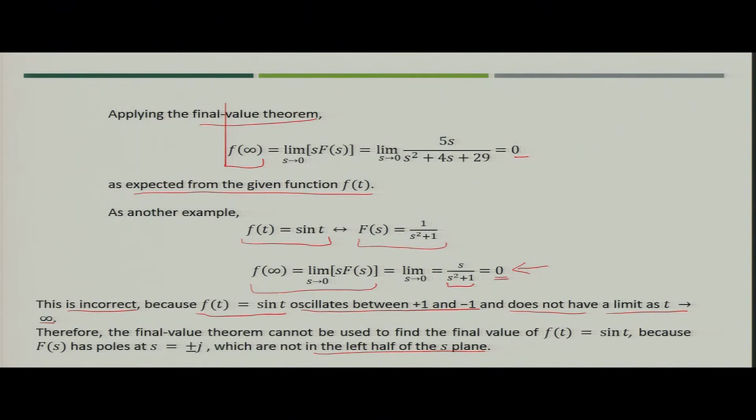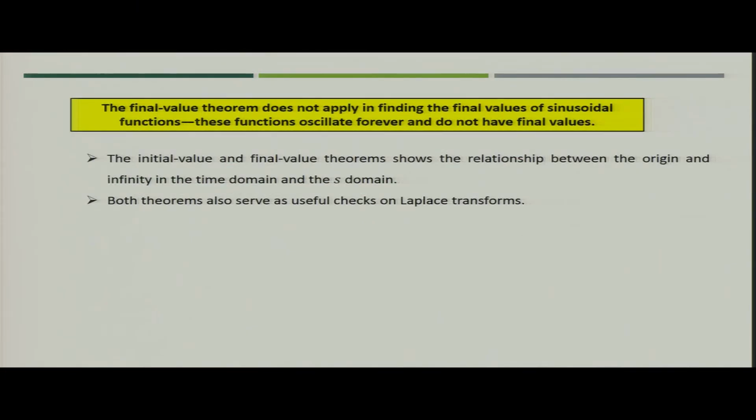So, you have to always keep in mind where you can apply the final value theorem and where you cannot use it. You can summarize that the final value theorem does not apply in finding the final values of sinusoidal functions, because these functions are oscillatory in nature and do not have final values.